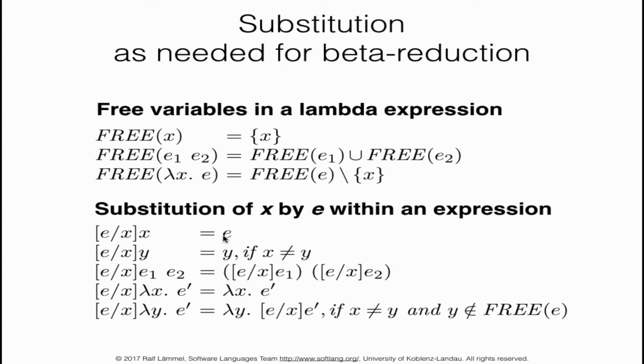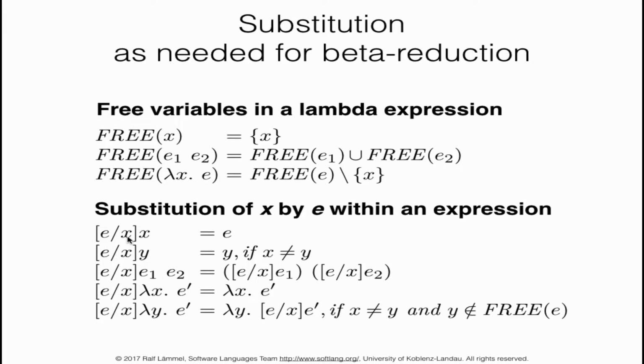Now we should actually explain substitution, which we were using, in a little bit more detail. For substitution, we also need the notion of free variables in lambda expressions. Let's first look at substitution here. This is about replacing a variable within an expression by some other expression or possibly a value.